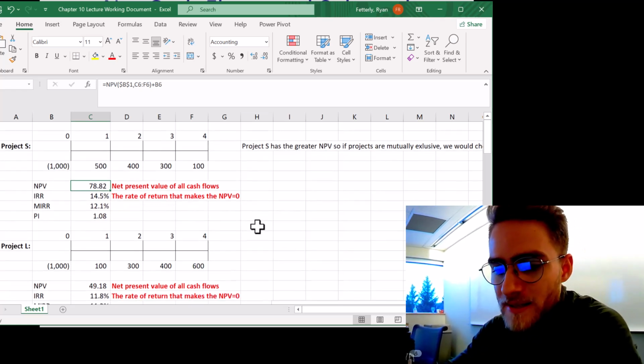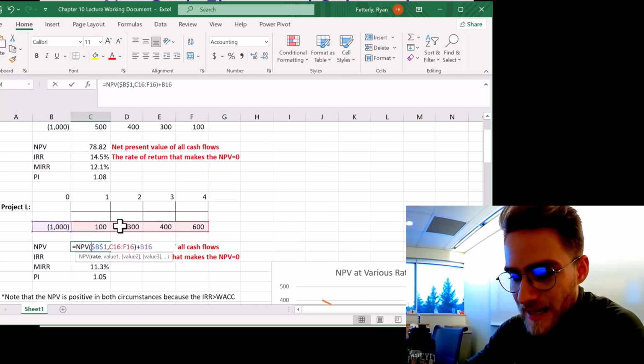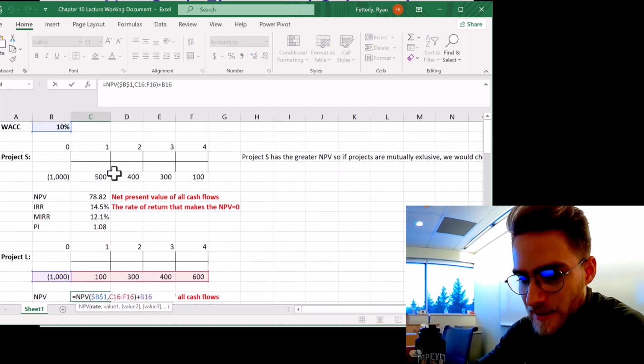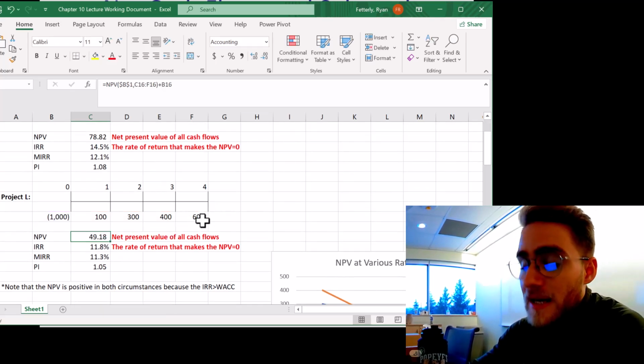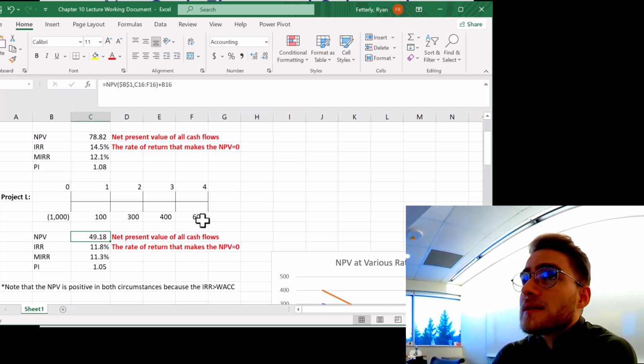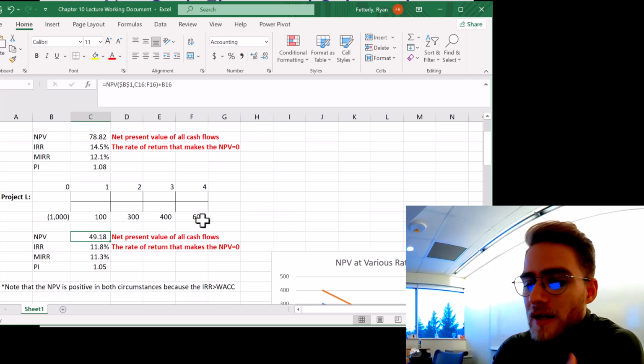Now, when compared to Project L, based on the exact same calculation using the exact same discount rate, it comes out to a present value of $49.14.